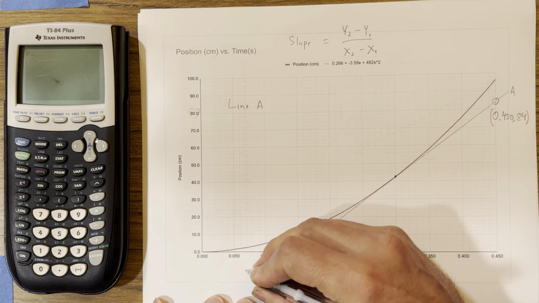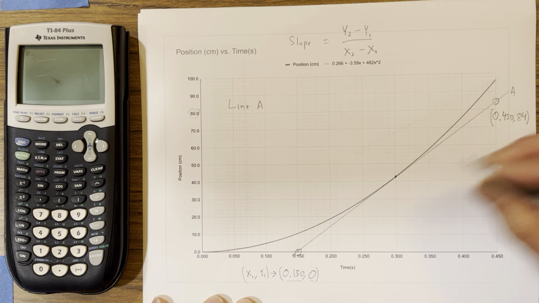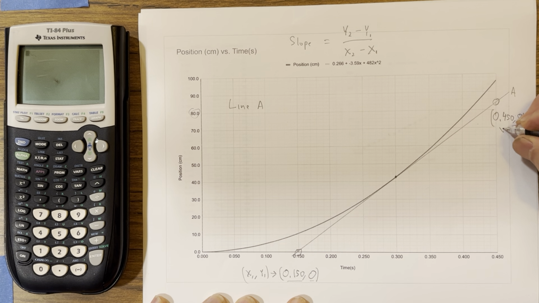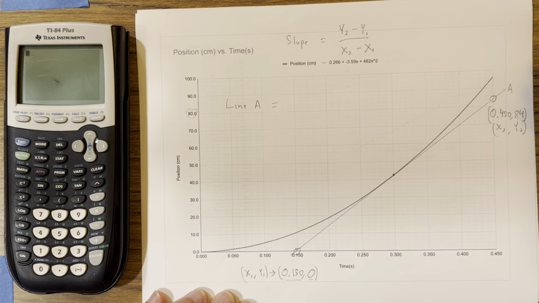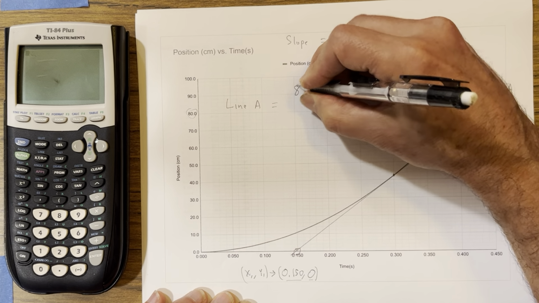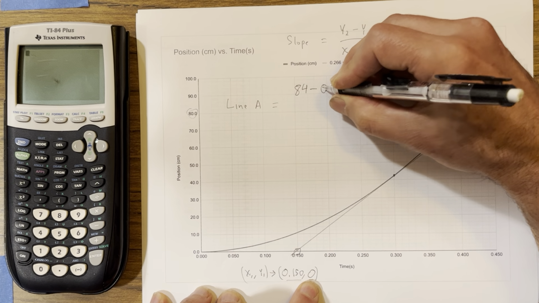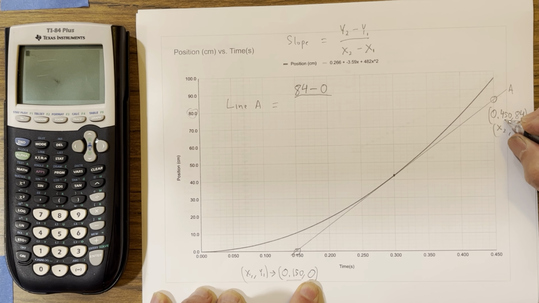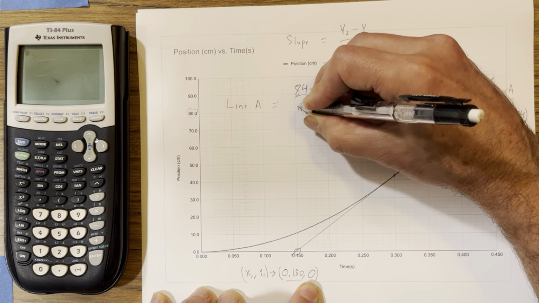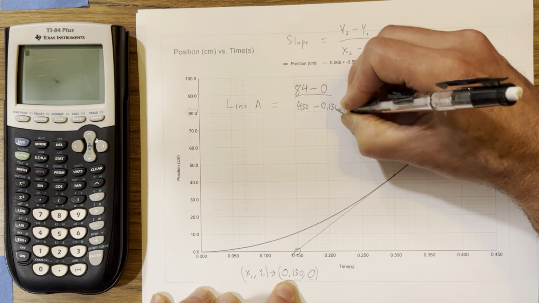So this is x1, y1. And then this is x2, y2. Okay, so now I'm just going to write this down here. So it's going to be y2 is 84, y1 is 0, so 84 minus 0, divided by x2, which is 0.45, minus 0.150.